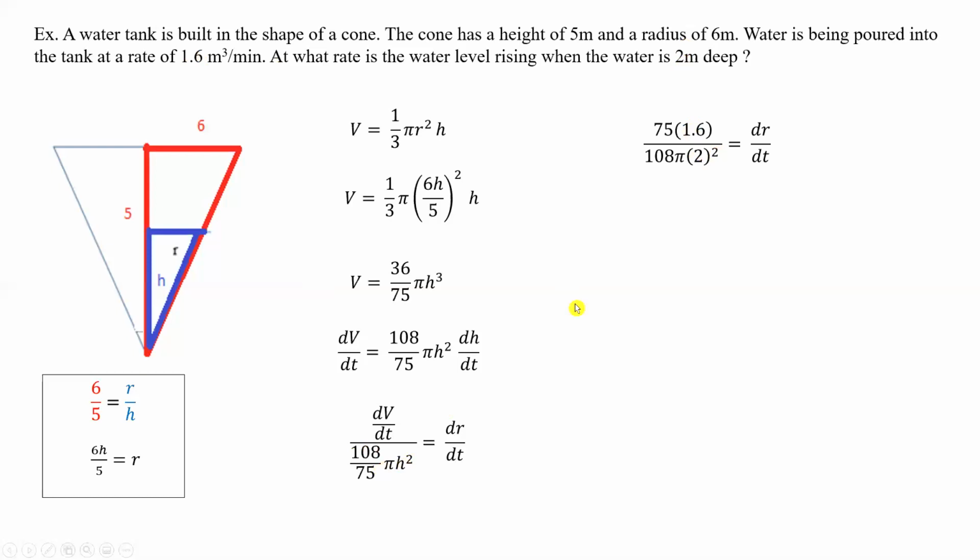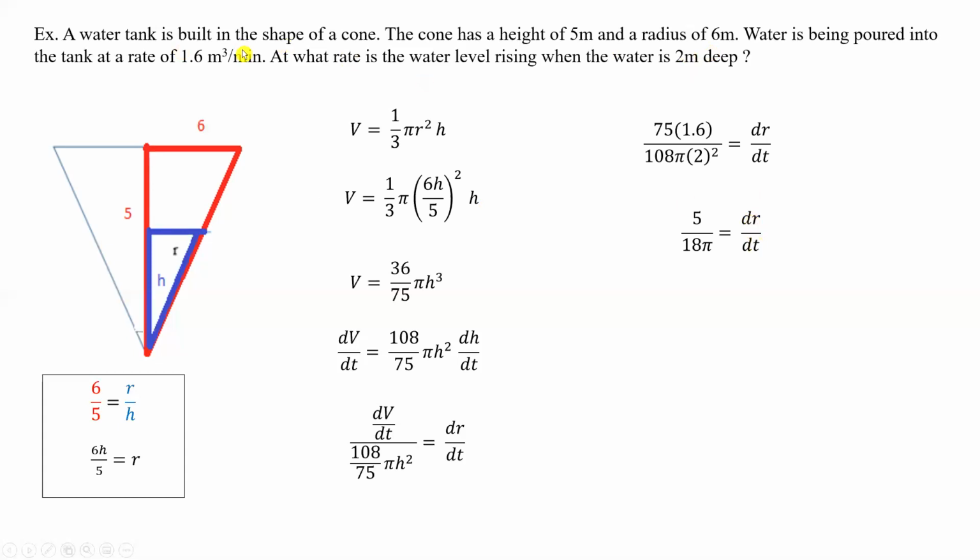The 108 pi stays in the denominator. The 75, we multiplied top and bottom of the fraction by 75, put the 75 in the top, and eliminated it from the bottom. At this point, just multiply things out and clean it up. You should end up with 5 over 18 pi. Now for the units. dh, change in height, we're measuring distance in meters, so that would be meters.